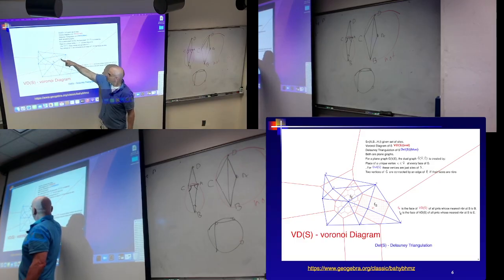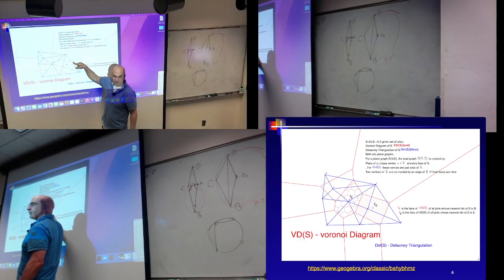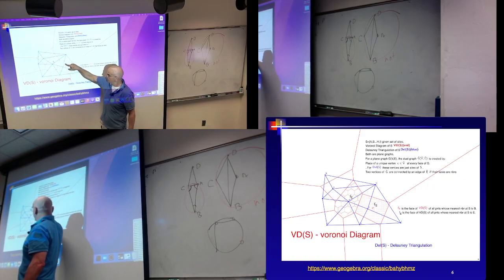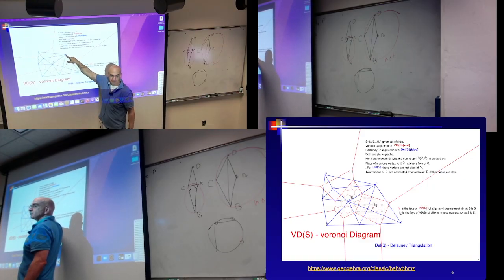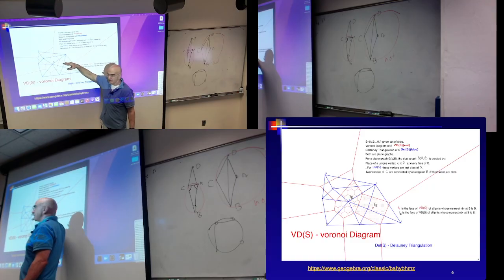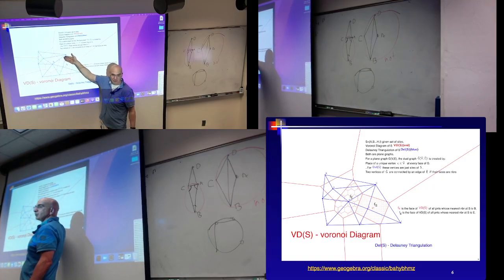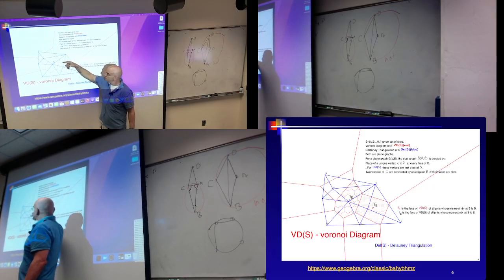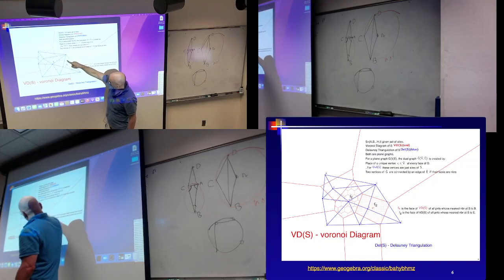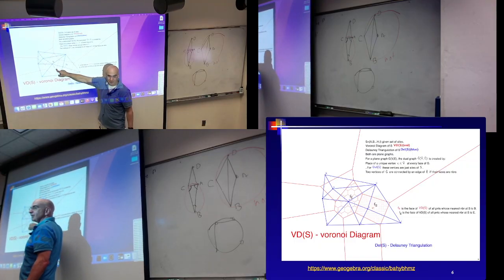What does it mean to be on an edge of the Voronoi diagram? It means that you are equidistant to 2 hospitals. But that's an edge that separates 2 faces. What does it mean to be on a vertex of the Voronoi diagram? It means that you are equidistant to 3 sites.